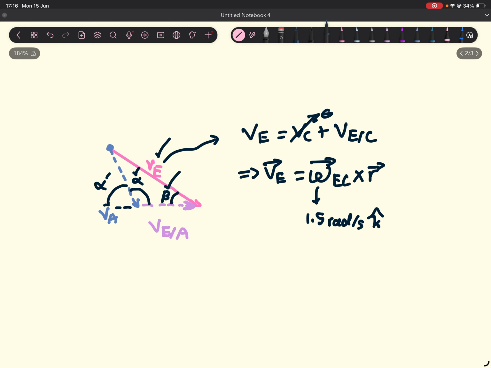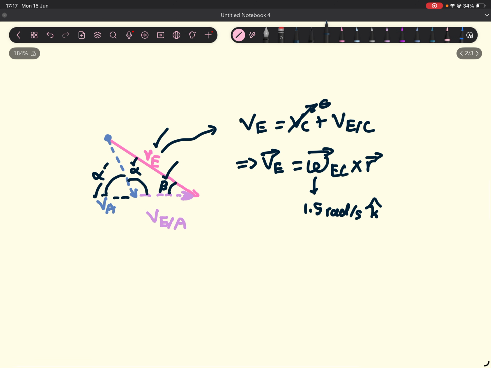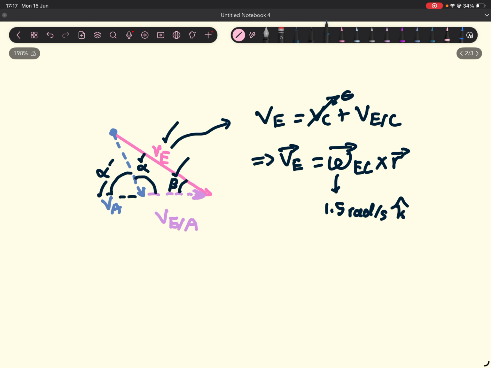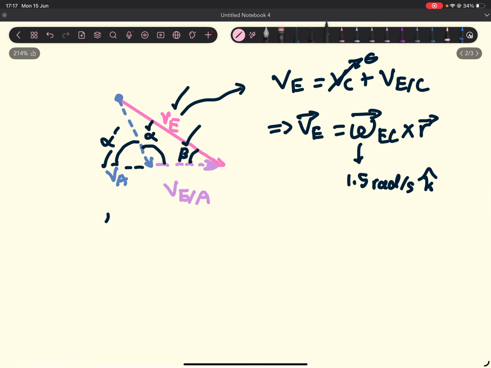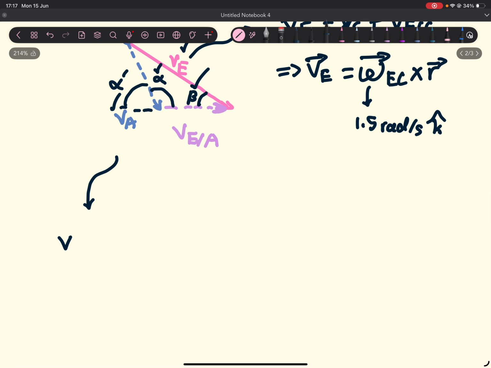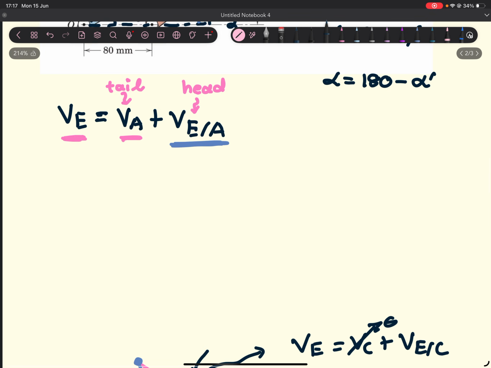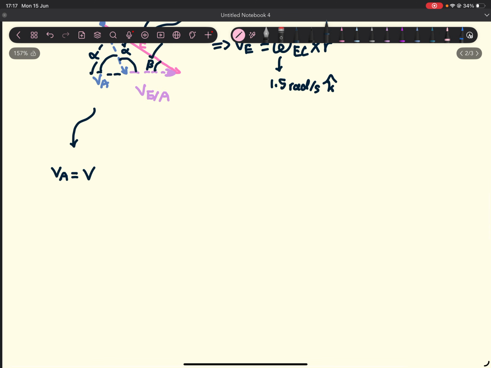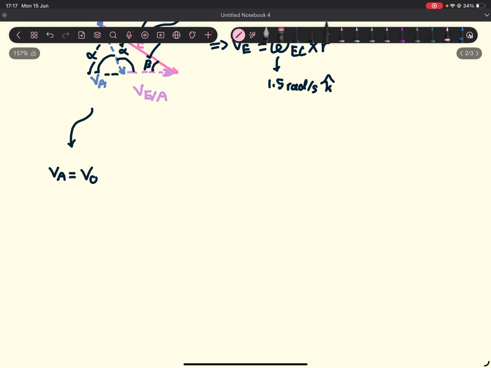So we've solved for VE, and we just need VA, which we can solve for using this triangle, right? Cool. Then once you've got VA, you're going to say VA is equal to VO plus VA relative to O. We know that VO is 0, so VA is equal to omega AO crossed with R, A relative to O. And we know that we can solve for this.